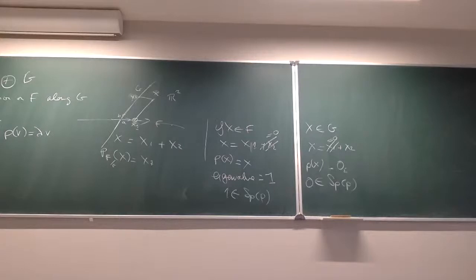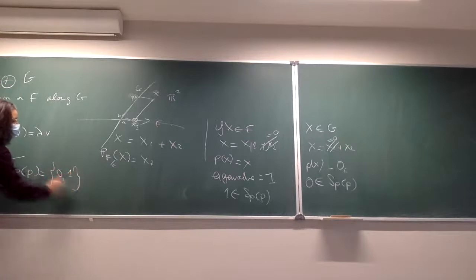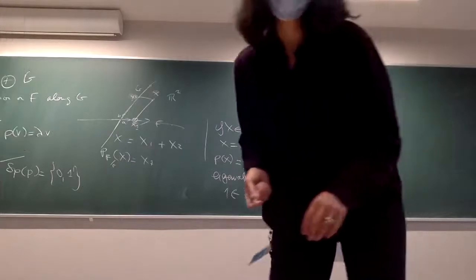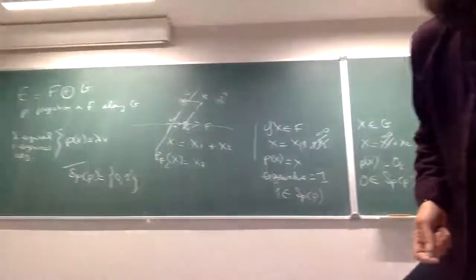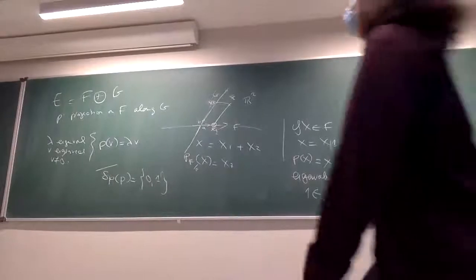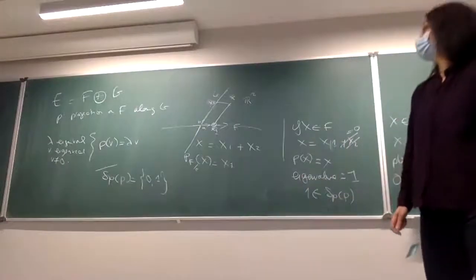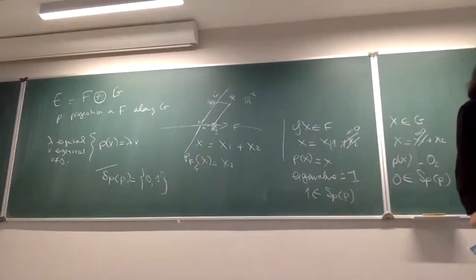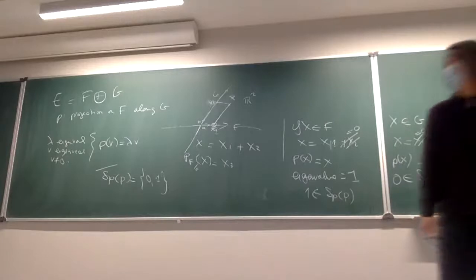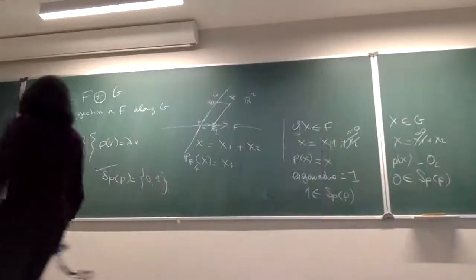So actually we can say that the spectrum of P is equal to {0, 1}. Well, we should prove that we can't have any other value. How could we say that?